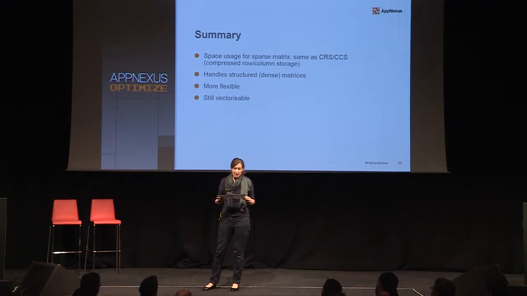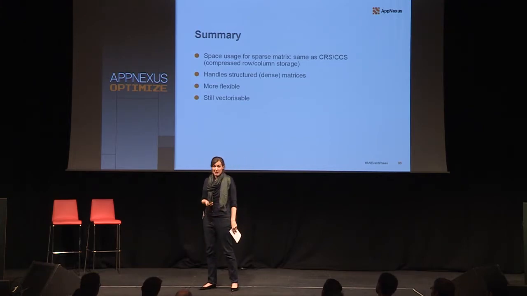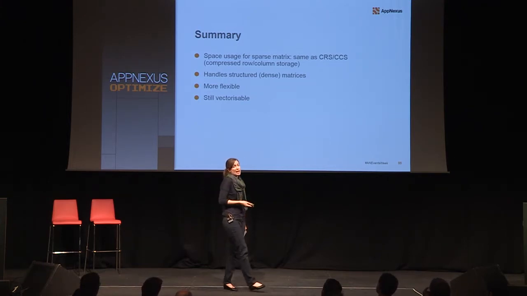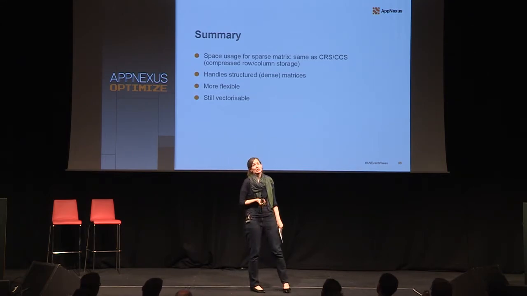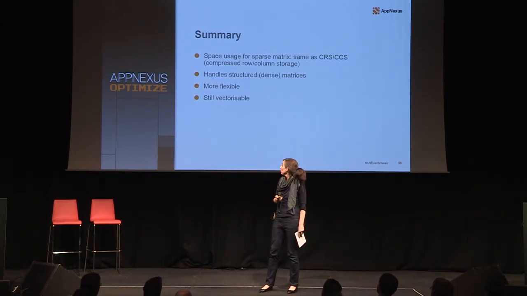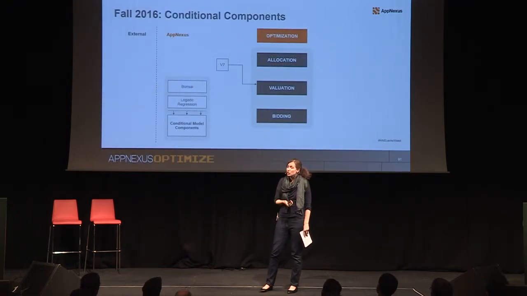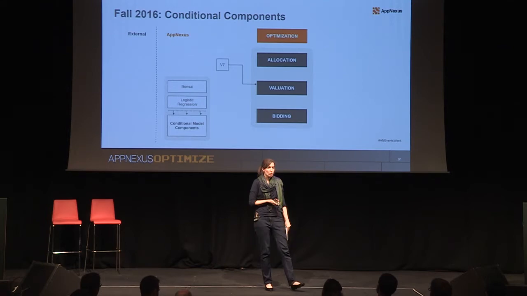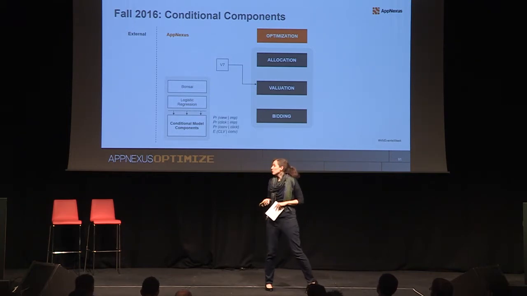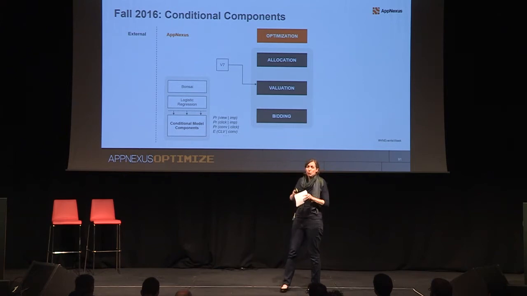Okay. Now, he also foreshadowed my next point, which is that in addition to adding support for custom logistic regression models in the platform, we will be supporting conditional model components, which is to say that instead of having to do one grand prediction for your evaluation, we will enable you or us to build out different sub-predictions.